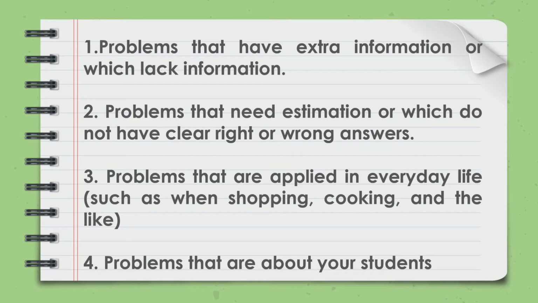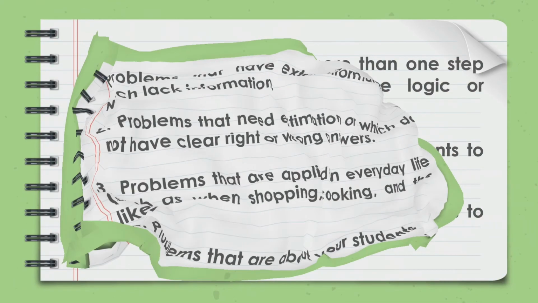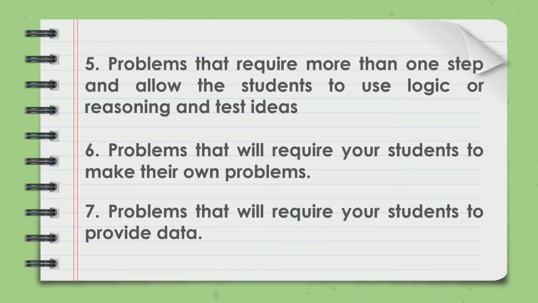Number 4, problems that are about your students. Number 5, problems that require more than one step and allow the students to use logic or reasoning and test ideas. Number 6, problems that require your students to make their own problems. Number 7, problems that require students to provide data.